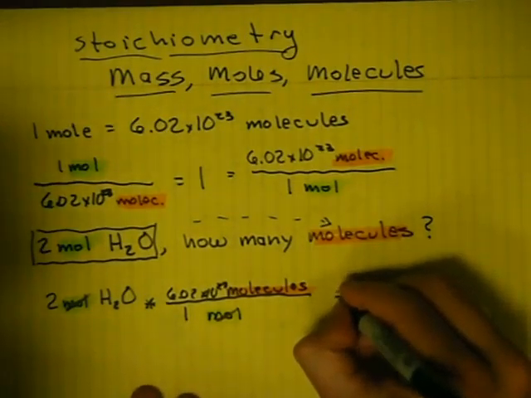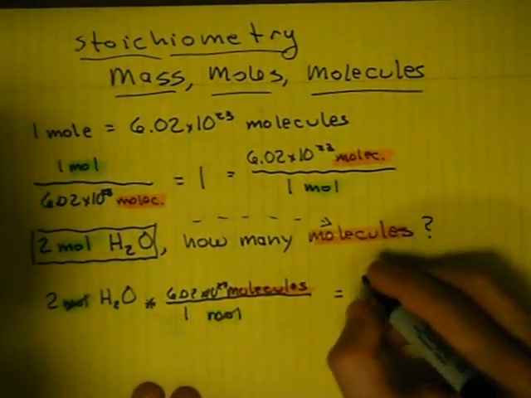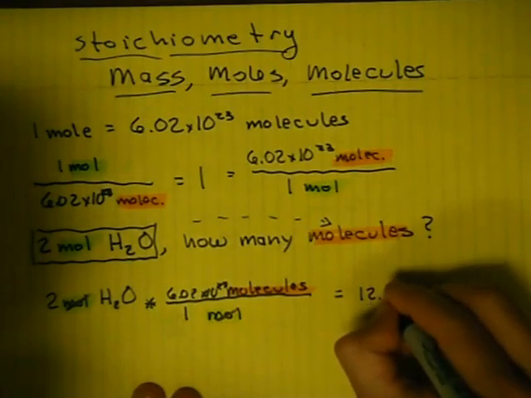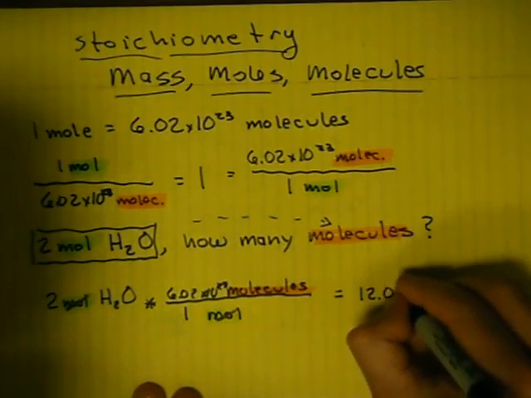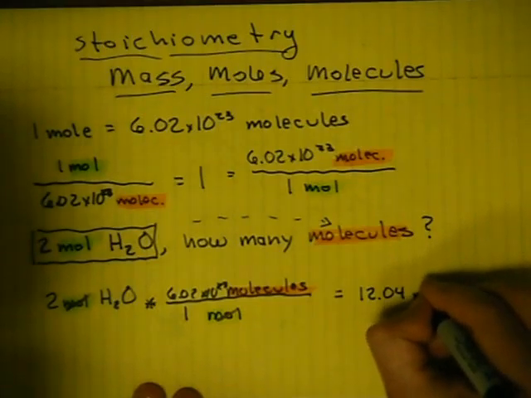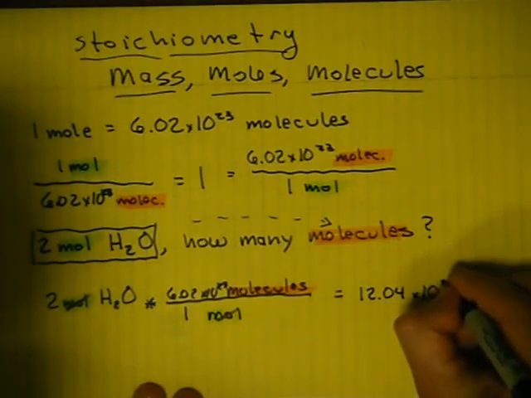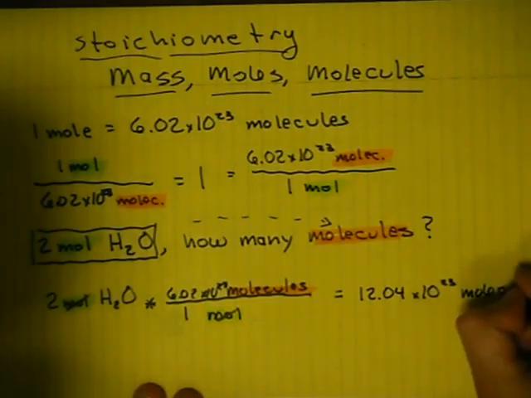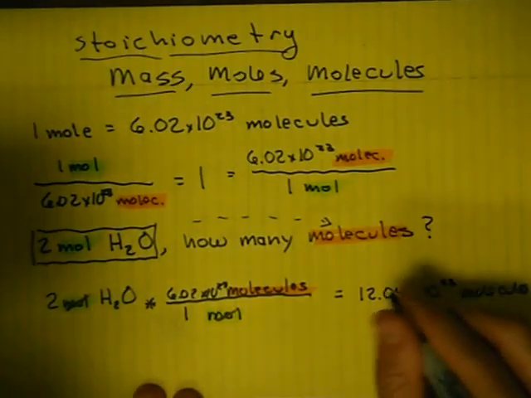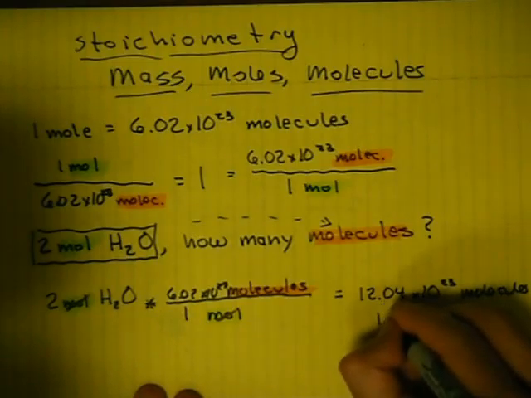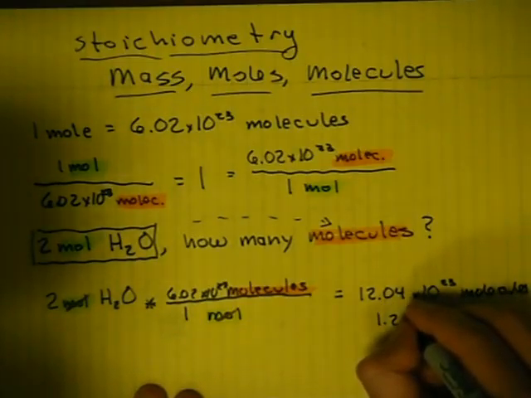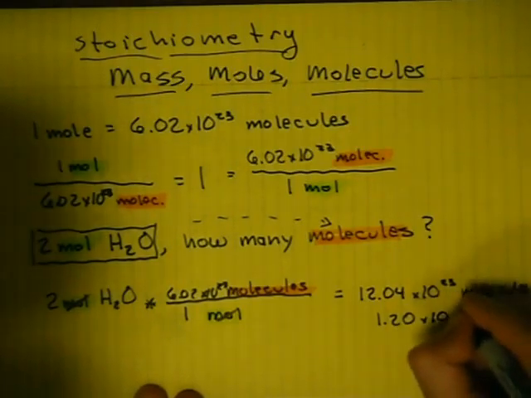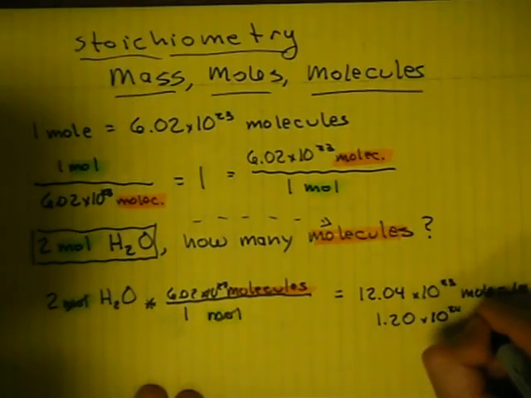So if we punch this into our calculator, we get 12.04 times 10 to the 23rd molecules, or 1.20 times 10 to the 24th molecules.